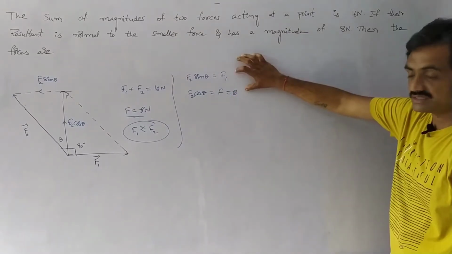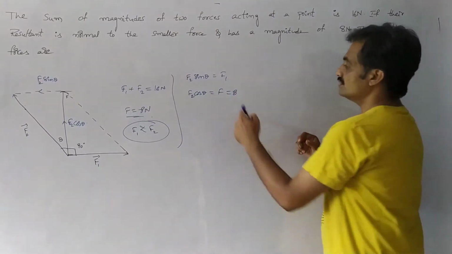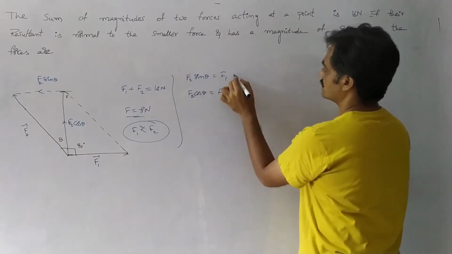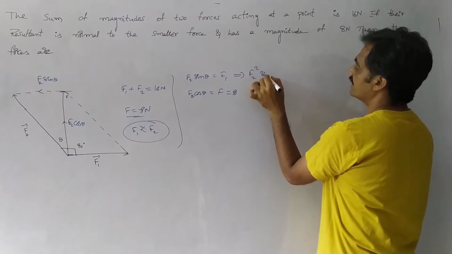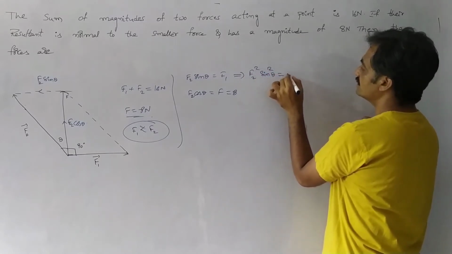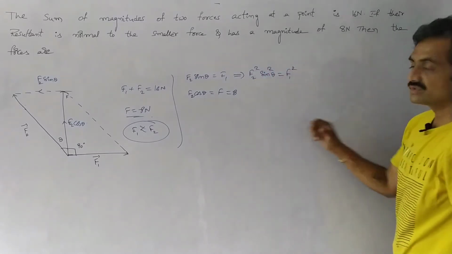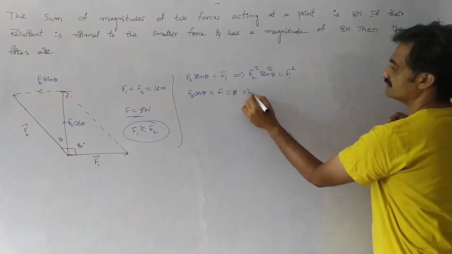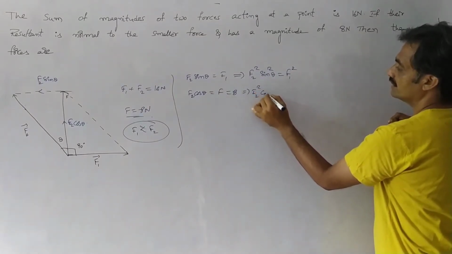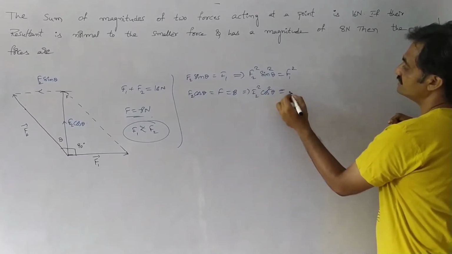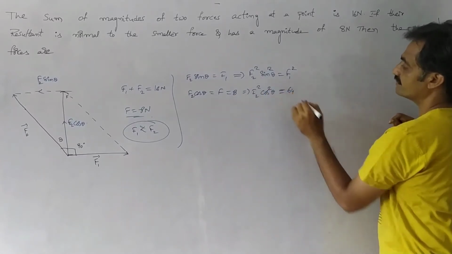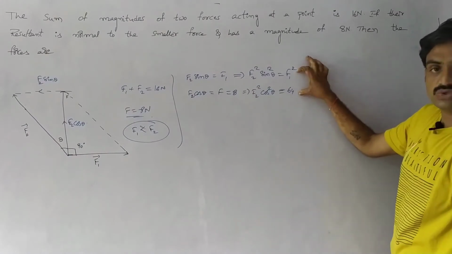We have to square these equations and add them. On squaring, we get F2 square sin square theta equals F1 square, and F2 square cos square theta equals 8 square, which is 64.